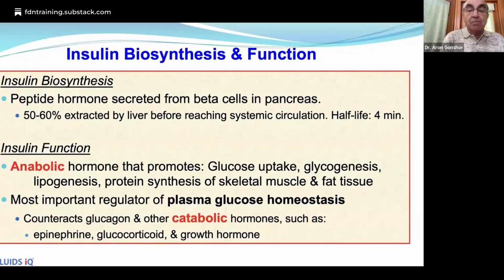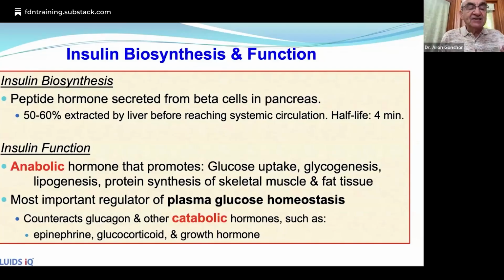Insulin has an anabolic function, which, if you remember, promotes various things such as glucose uptake, glyconeogenesis, the creation of various types of glycogen products and other carbohydrates. It's lipogenetic, the creation of lipids, protein synthesis in the skeletal muscles and in fat tissue.